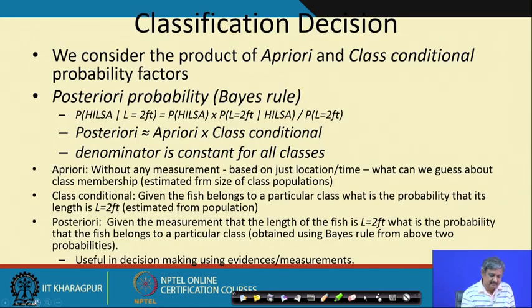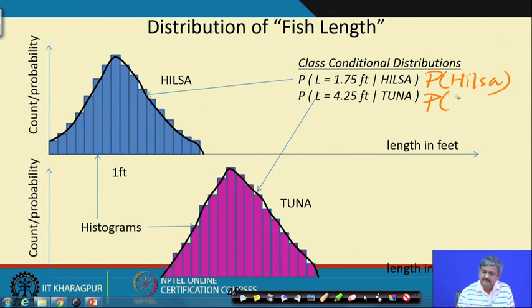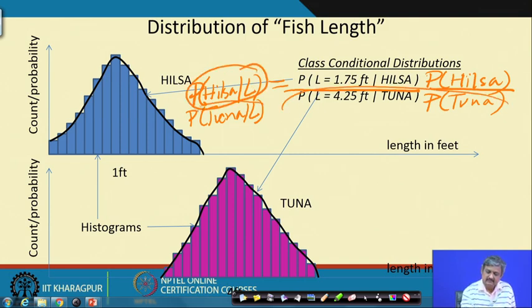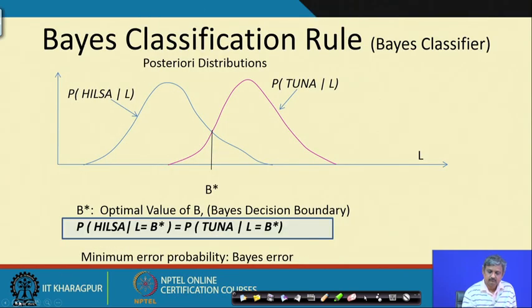And after I find the prior, I multiply this curve by P Hilsa, and this I multiply by P tuna, and what I get as a result is the reverse: P Hilsa given L, the posterior, and P tuna given L. So, first compute this from the population, then compute this from the population, multiply them, ignore the constant factor in the denominator, get the posterior, repeat this for the tuna class, get the posterior, and draw these two distributions.